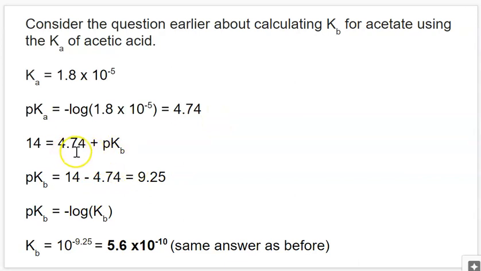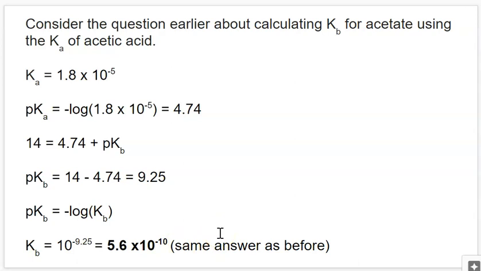So I can subtract 4.74 from 14, and I end up with a pKb of 9.25. And then I can calculate what the Kb would be by doing the inverse log of the pKb expression. So 10 to the negative 9.25 is going to be equal to 5.6 times 10 to the negative 10, which is the same answer that we got earlier.